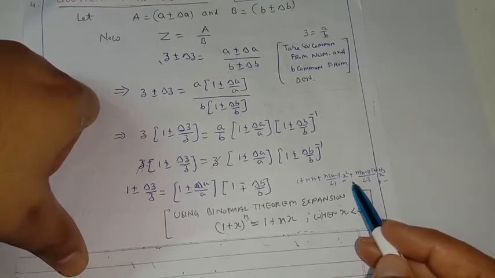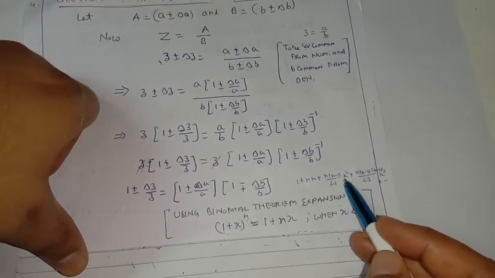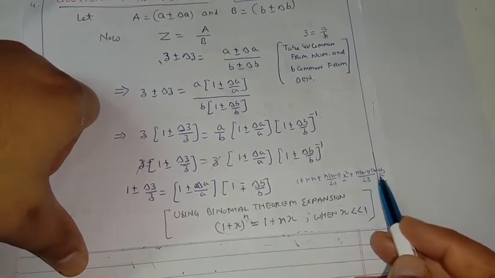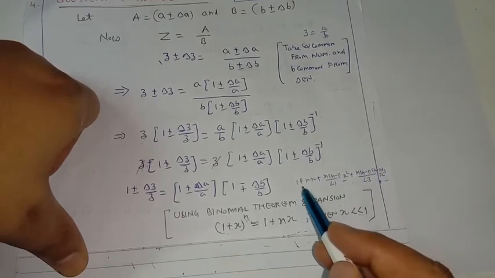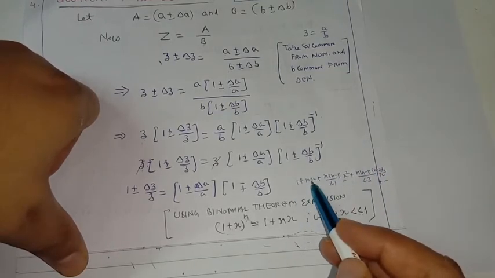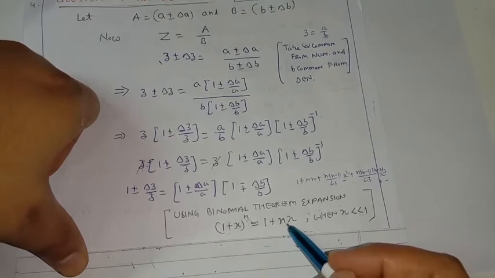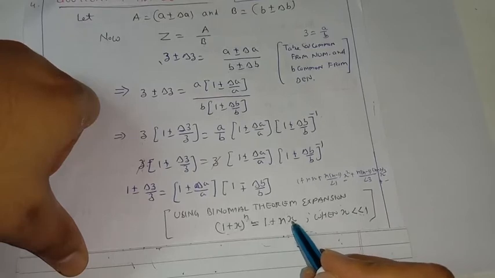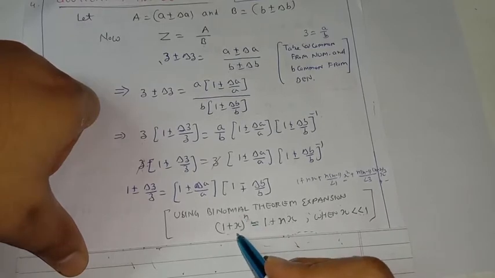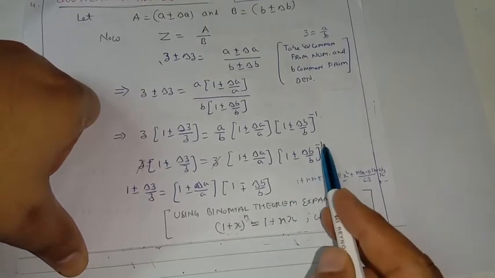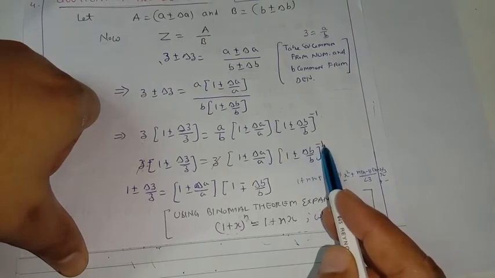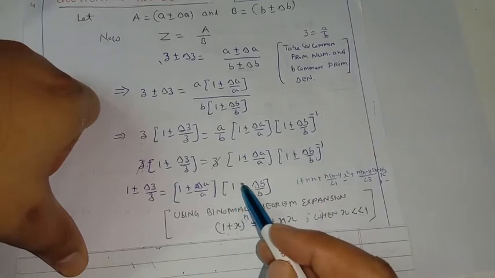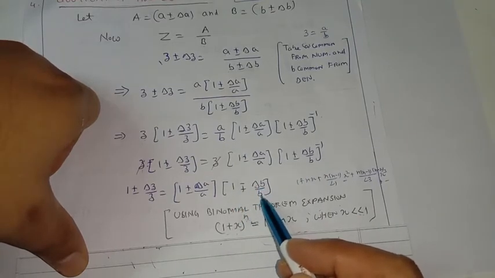So all these terms of x, that is delta b over b with square and higher powers, are neglected. We keep the expansion only up to the second term, that is 1 plus nx, where x is multiplied by the power of the expansion. So the power is minus 1, and multiplying this minus 1 with the whole term, we are left with 1 minus plus delta b by b.